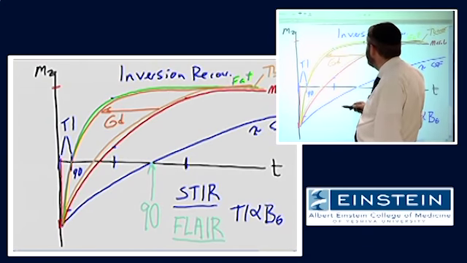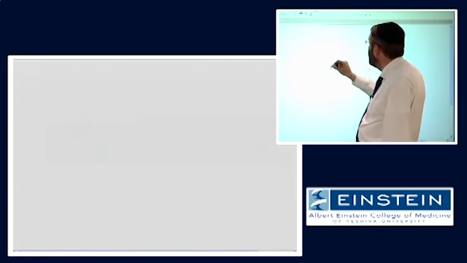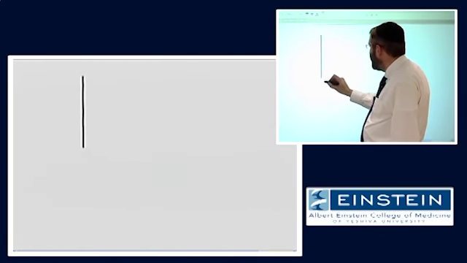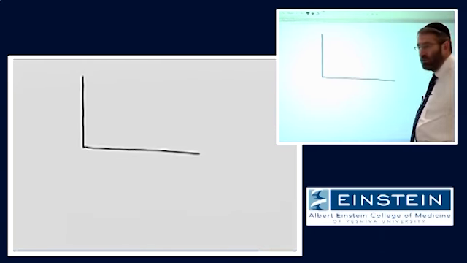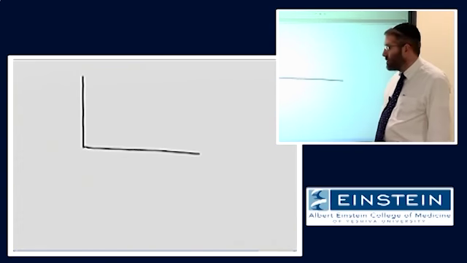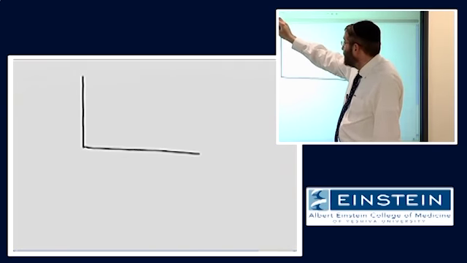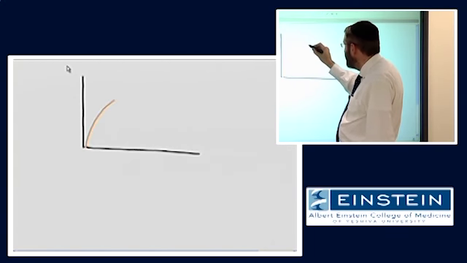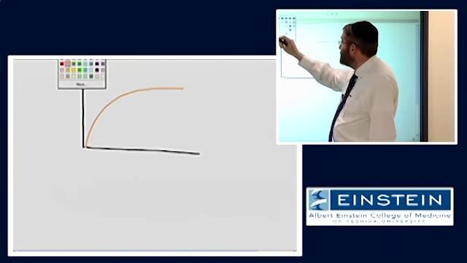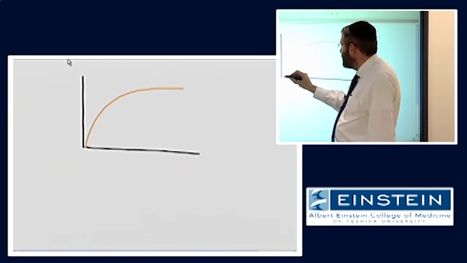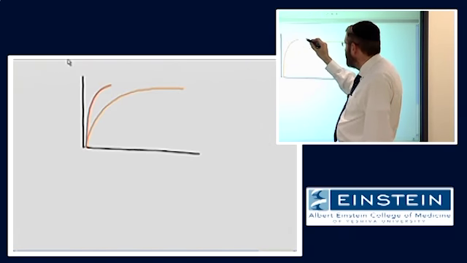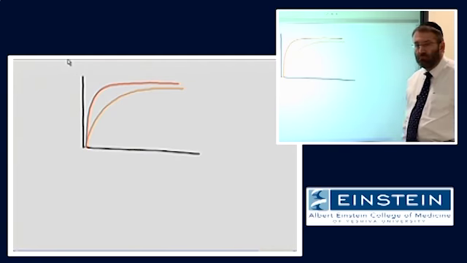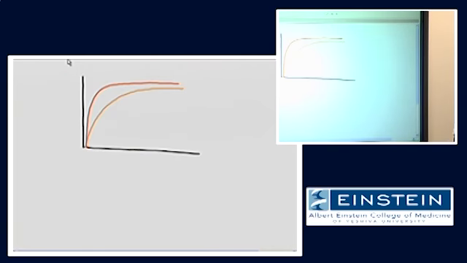So let's look at it this way. If we think of our typical spin echo or gradient echo approach, let's say we're going to give a 90-degree RF pulse, and we are going to have two tissues which recover at different rates.